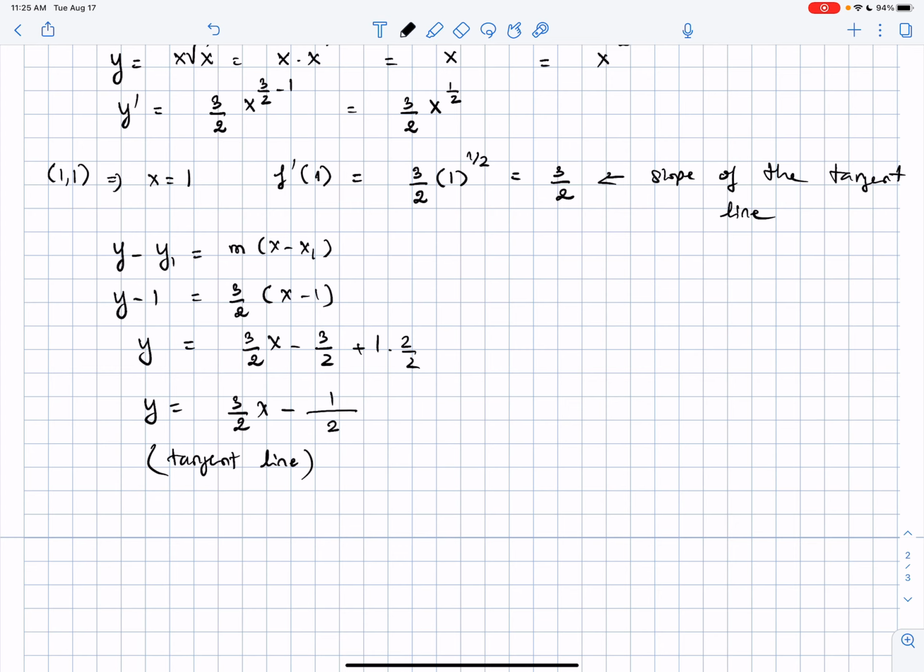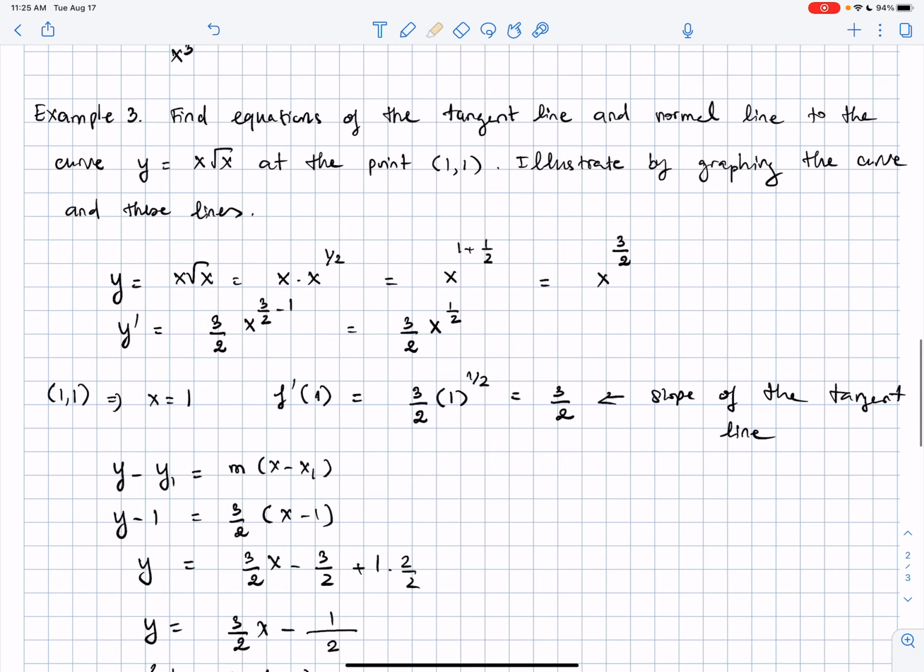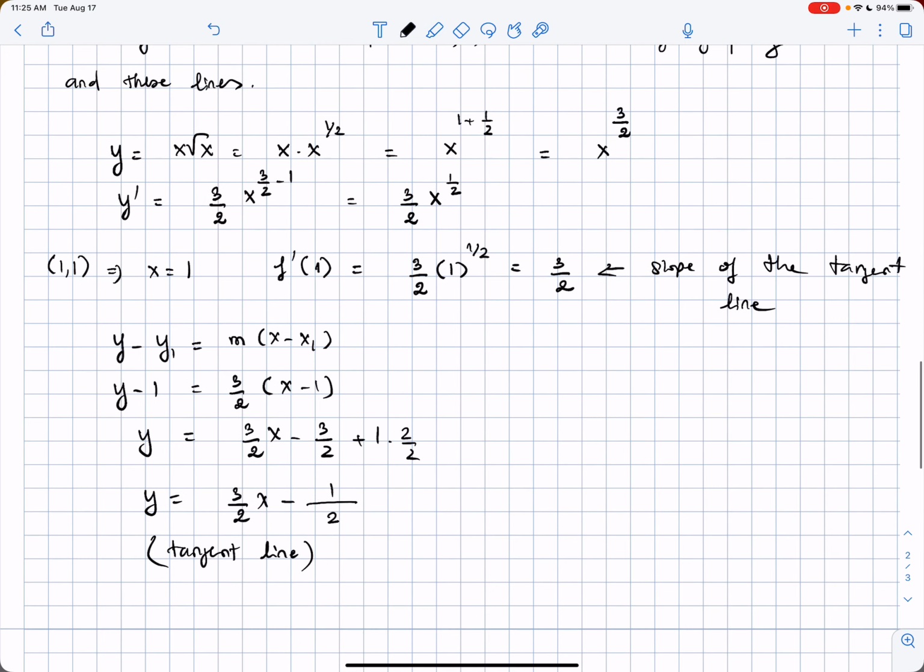What is the normal line? The problem asks us to find the equation of the normal line. The normal line is the line that is perpendicular to the tangent line. So the equation is y minus y1 equals m times parenthesis x minus x1. And we will use the slope of the normal line, which is the opposite of the reciprocal.